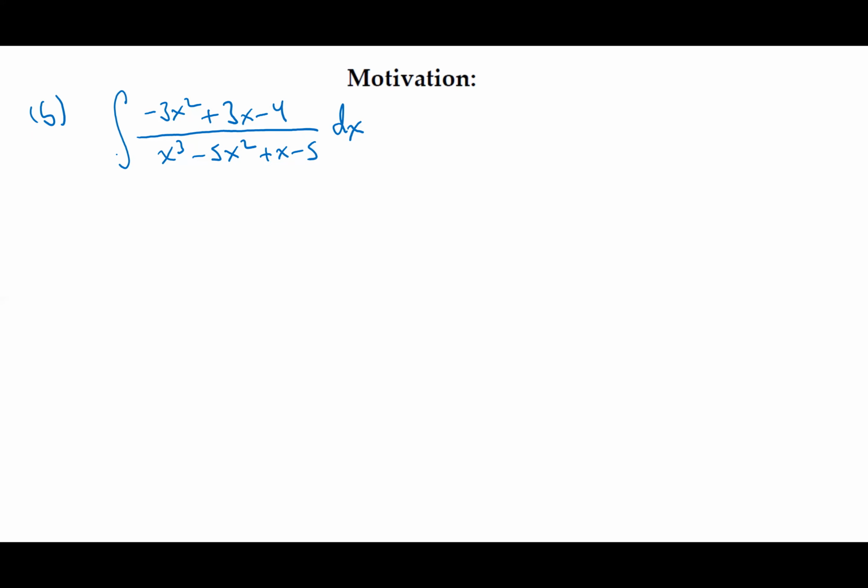But I want you to think of this as some collection of rational functions that has been added together with a common denominator. Well, in order to figure out what the individual denominators might have been, I can take x cubed minus 5x squared plus x minus 5, and I can simply factor it.